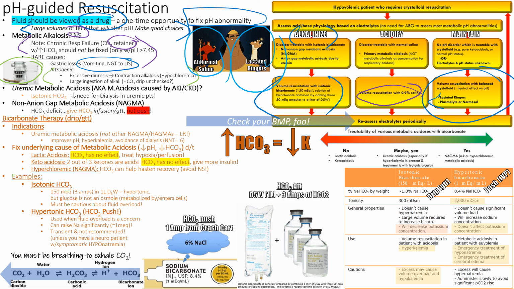Getting rid of the hydrochloric acid is going to tip the scales in favor of bicarb. Therefore, we're going to get more alkalotic. In that case, they're losing a lot of volume, they're hypovolemic, and they have metabolic alkalosis. Oh joy, there it is, normal saline. That's your perfect time to come in and restore volume because it's isotonic, and also to correct someone's metabolic alkalosis.